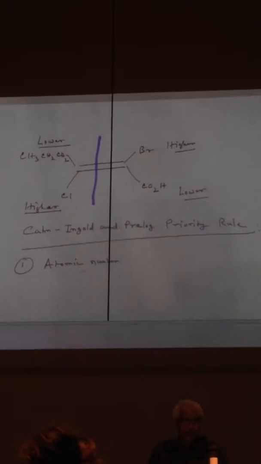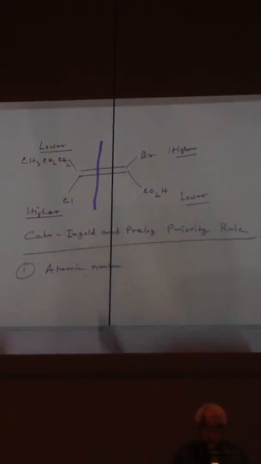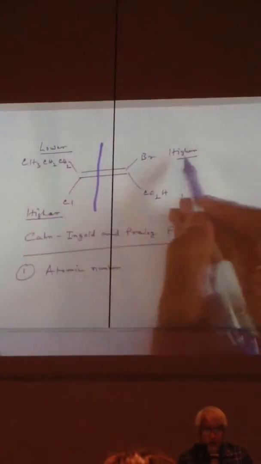Now between these two, again the same thing: you have bromine and a carbon. The bromine has a higher atomic number, so this gets a higher rank. This is lower.